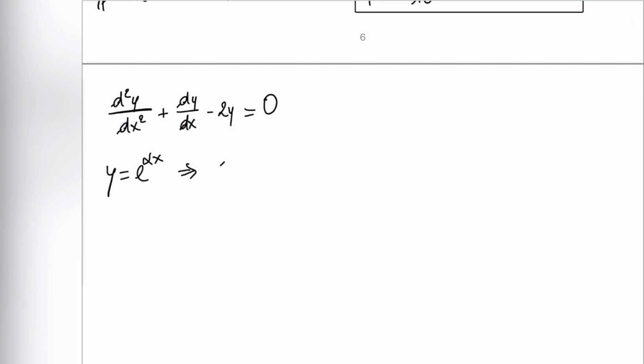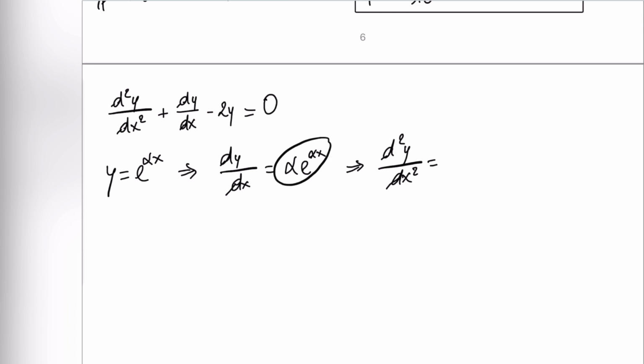This implies that the first derivative, so dy dx, is equal to alpha e to the power alpha x. This implies that d squared y dx squared, which is the first derivative of this one here, would be alpha squared e to the power alpha x.